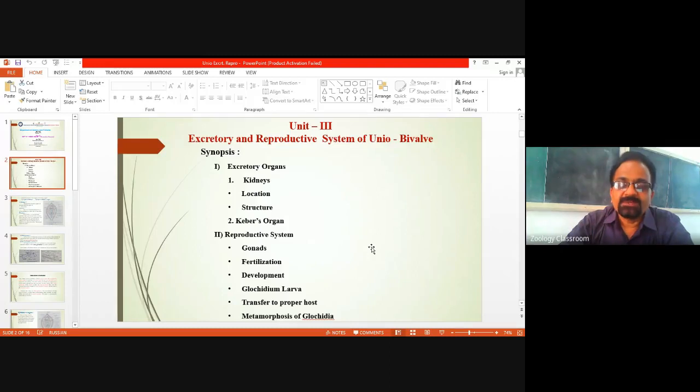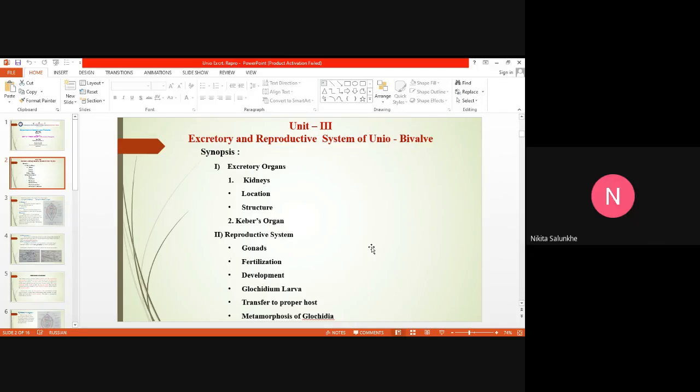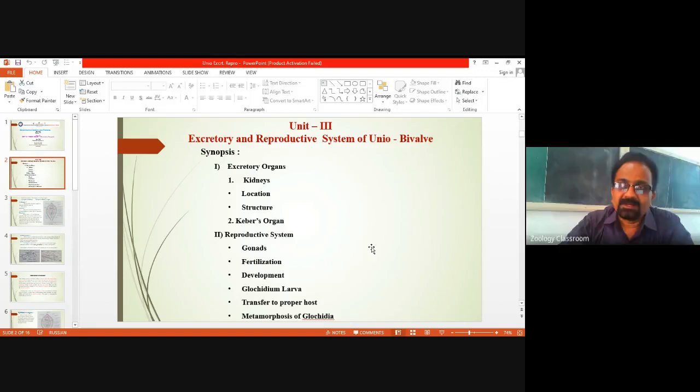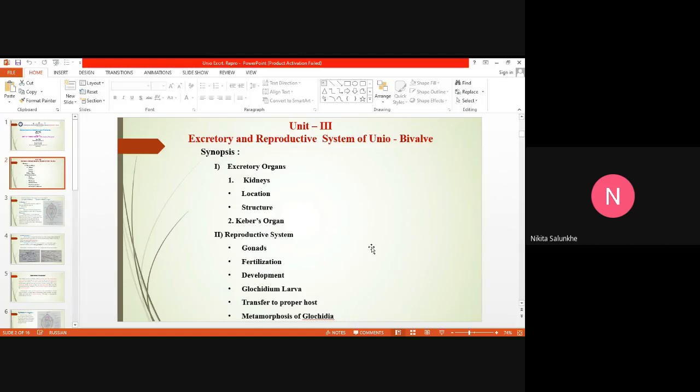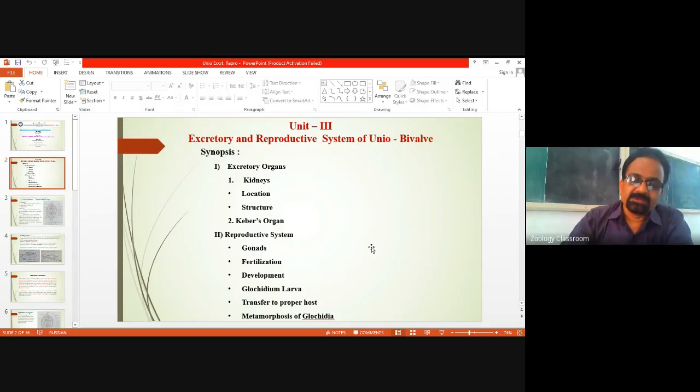The frontal cilia, the lateral cilia, and the laterofrontal cilia.